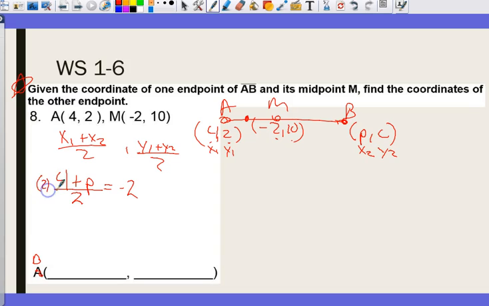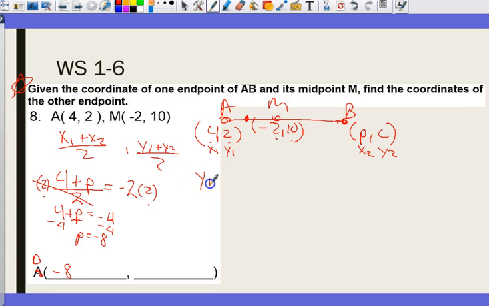So we're going to multiply both sides by 2. Can't just multiply this one by 2. You have to do this side and this side. Cancels out. We get 4 plus p is equal to, what's -2 times 2? -4. We're trying to get this p by itself. -4, -4. We get p is equal to -8. So we figure out our x component of B. It is -8.